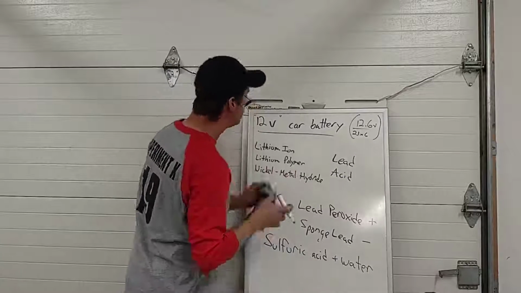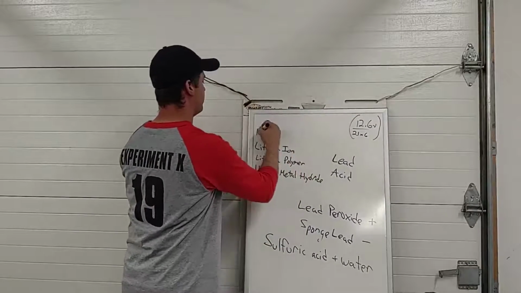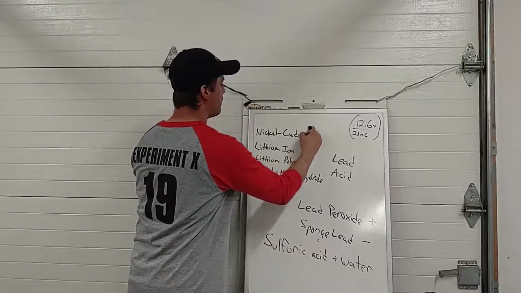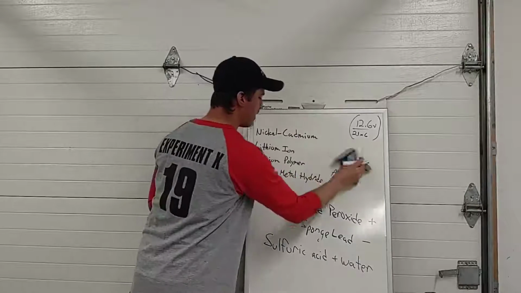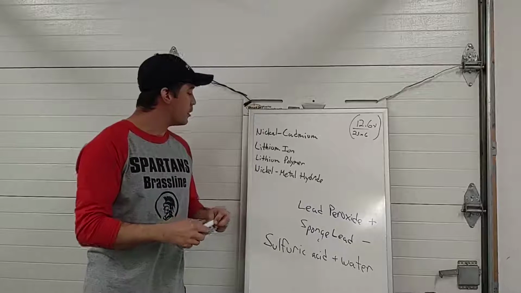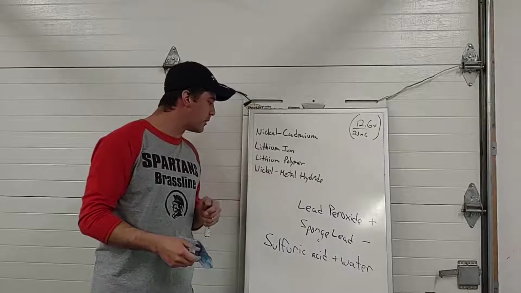Prior to lithium, we used to use nickel and cadmium. And all of those batteries have different pros and cons. They all have obviously different chemistry, and they're going to make different voltages and different amounts of amperage.